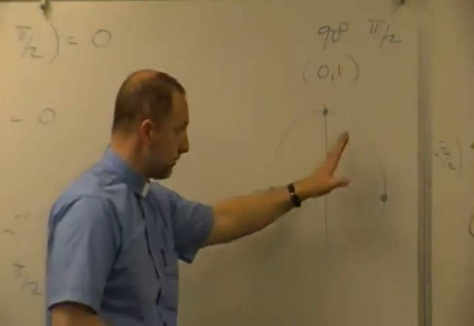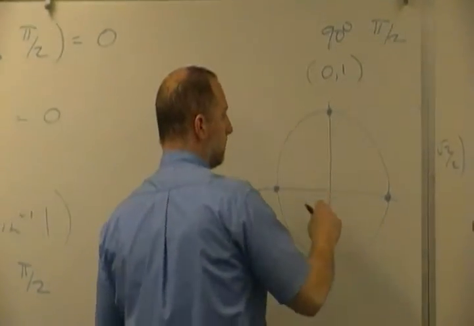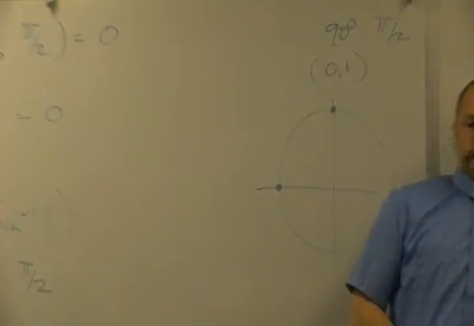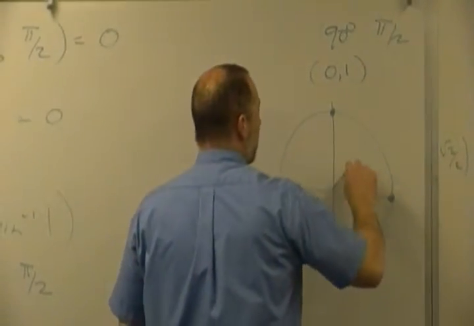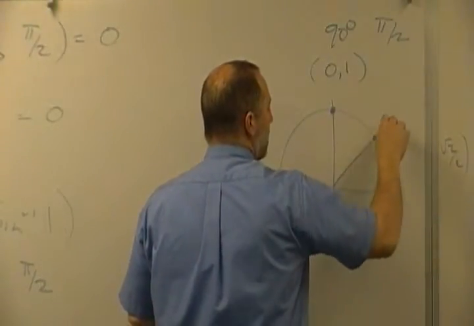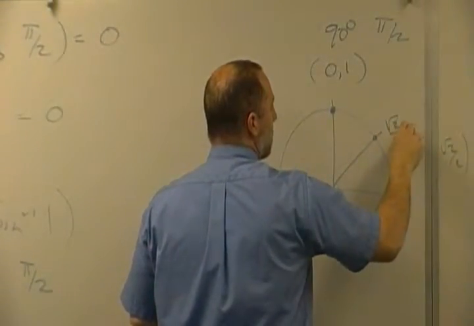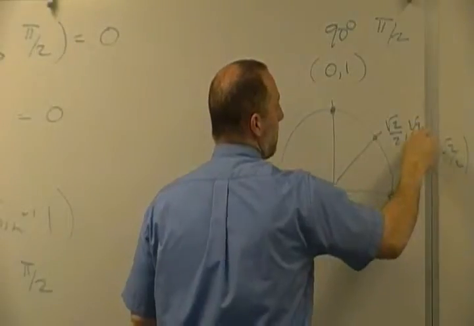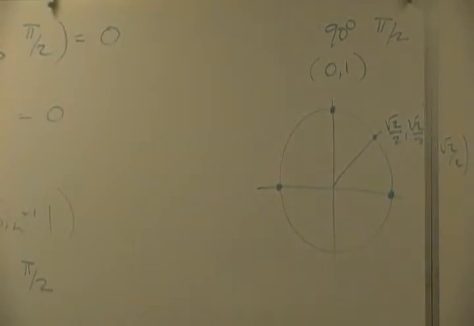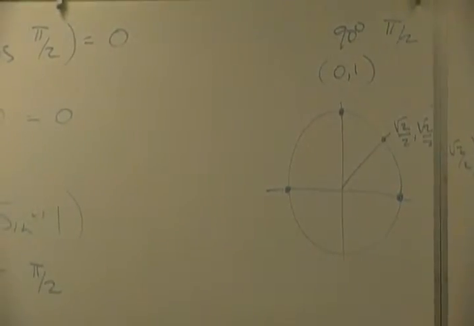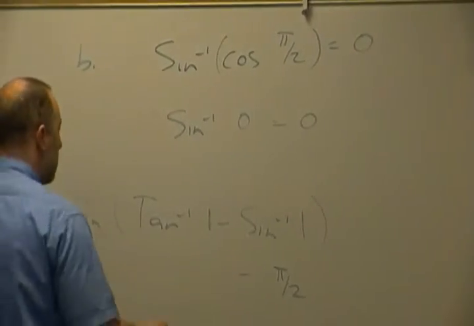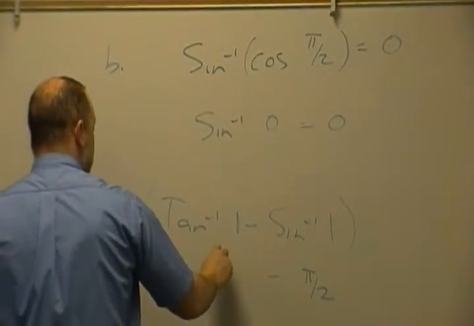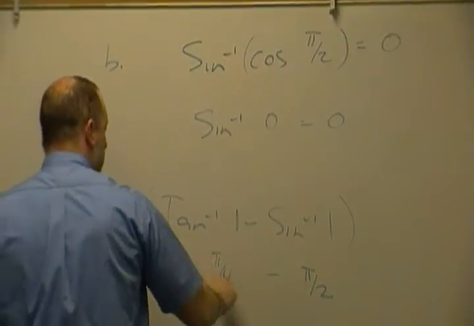Where in your first quadrant? 45 degrees. That's right, because the definition of tangent is sine divided by cosine. So this is square root of 2 over 2, square root of 2 over 2. The value is the same. So it's a 45 degree angle. It makes like the y equals x line. That is exactly the y equals x line, yes. Good catch. So this is going to be pi over 4.